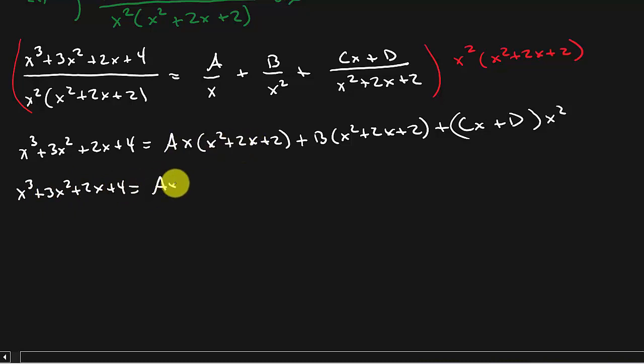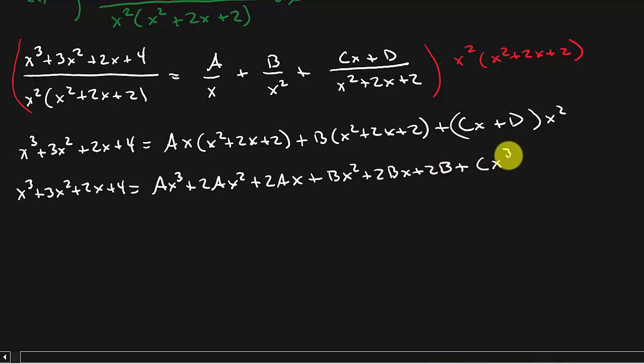So that's ax cubed plus 2ax squared plus 2ax plus bx squared plus 2bx plus 2b plus cx cubed plus dx squared. So x cubed plus 3x squared plus 2x plus 4 equals.